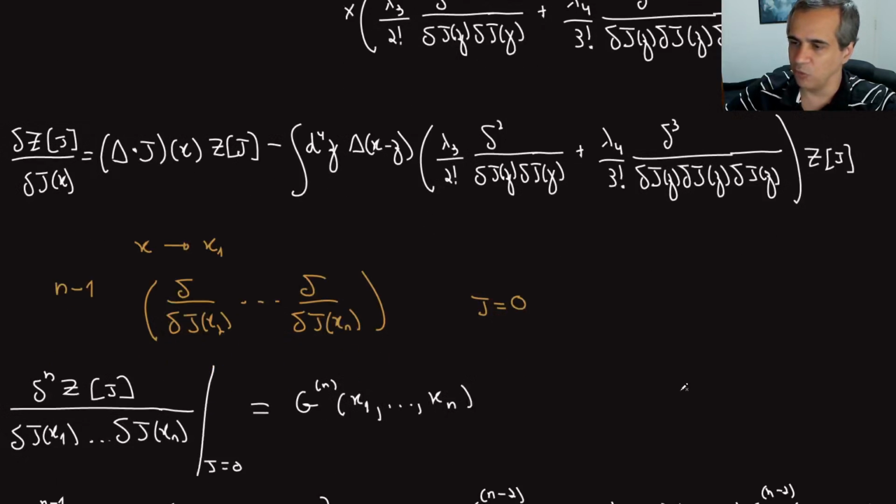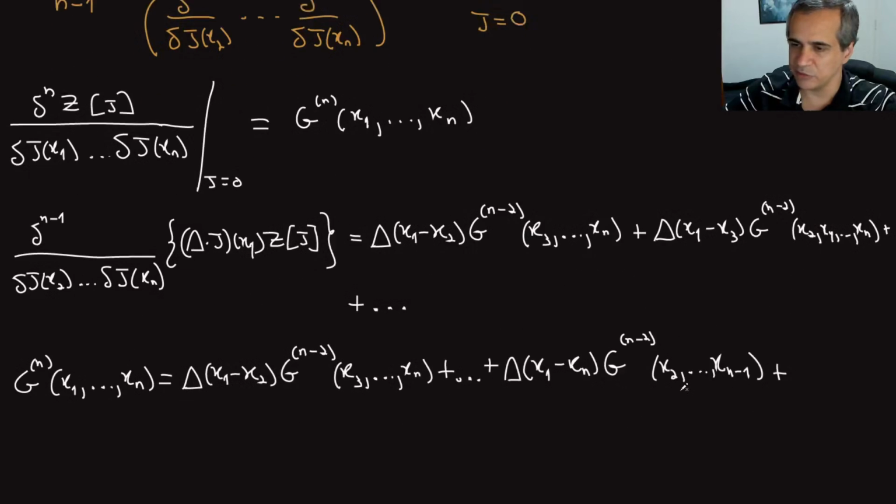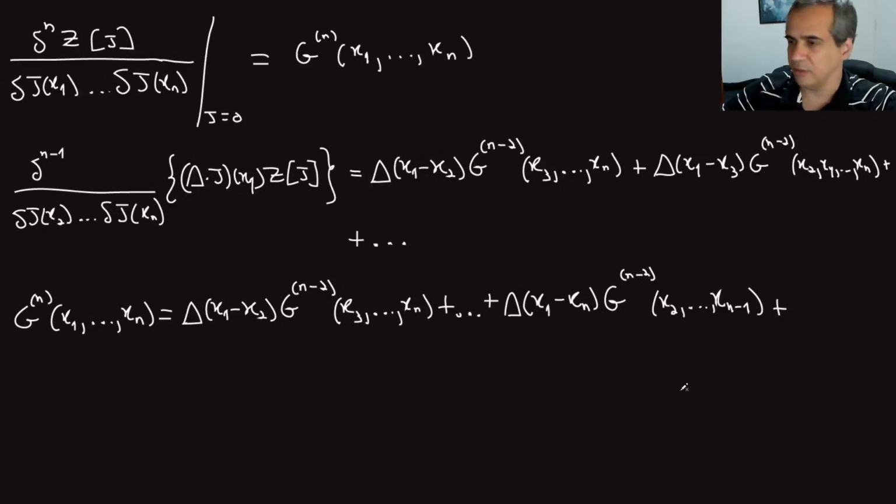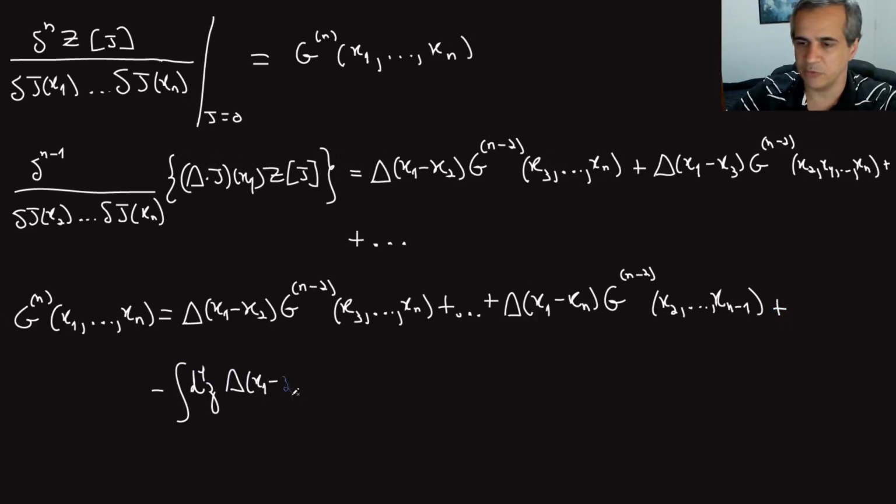So what I get is green functions of more points now. I get a minus integral in d for z. That's the part I'm just copying. Z1 minus x1 minus z, because I baptized x as x1 now. And this is lambda 3 over 2 factorial.